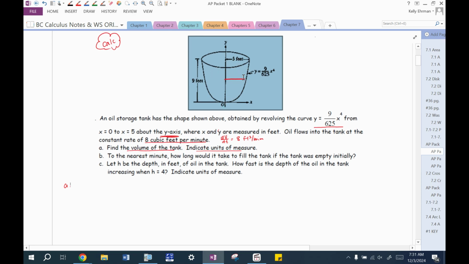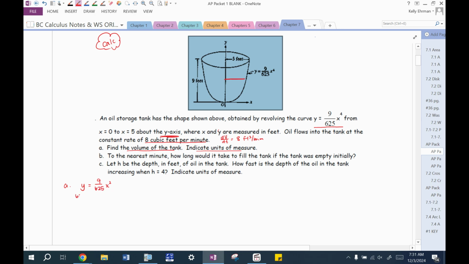we're rotating around the y-axis here, right? So it's going to be the integral of r squared times pi when we do right minus left. So let's get this equation solved. So instead of y equals 9 over 625 times x to the fourth, let's solve this for x.